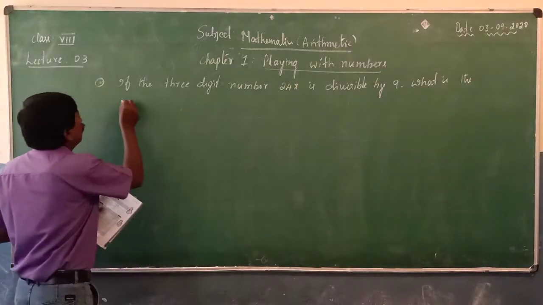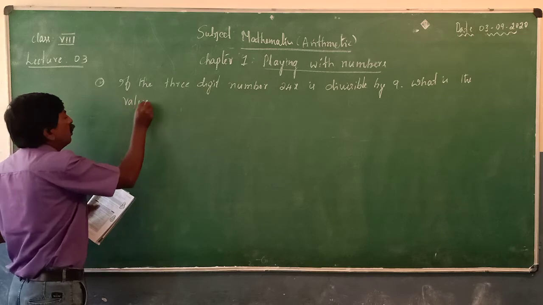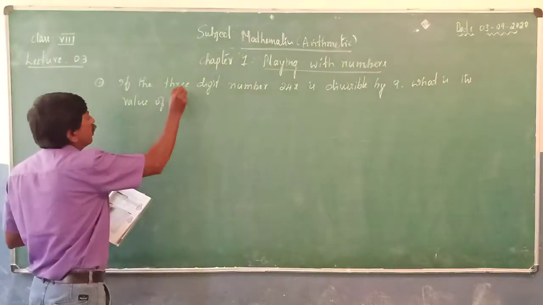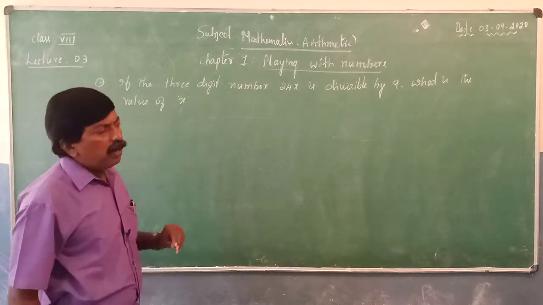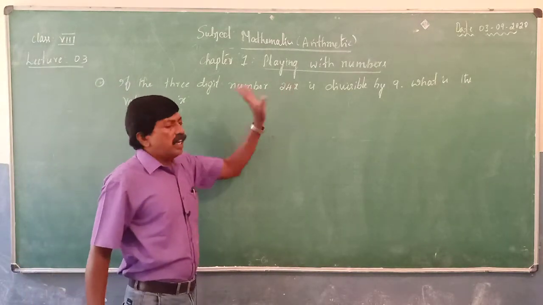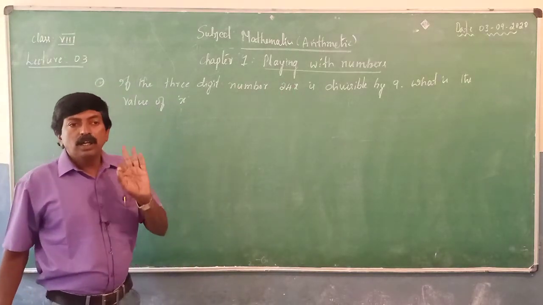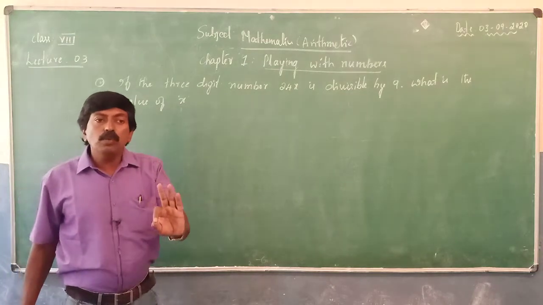So here a 3-digit number is given, that is 24x, one of the numerals.